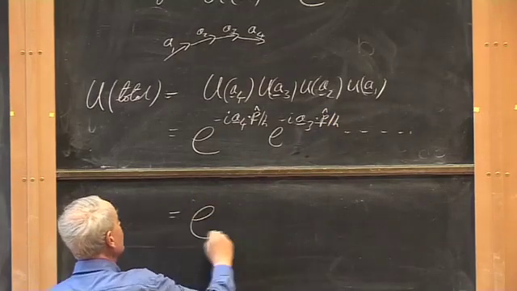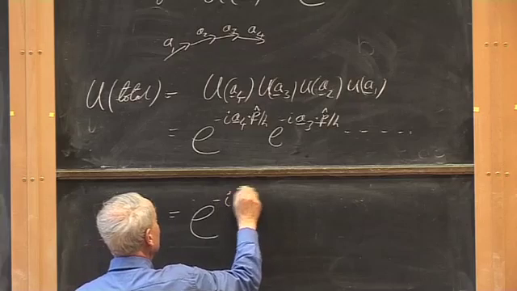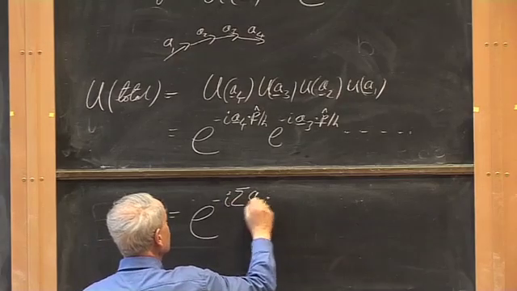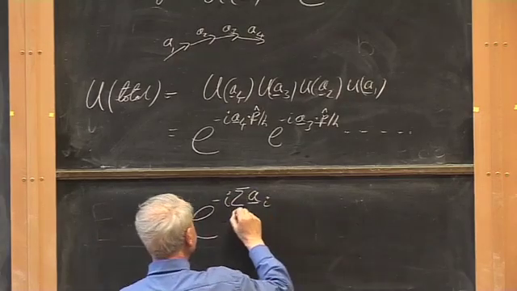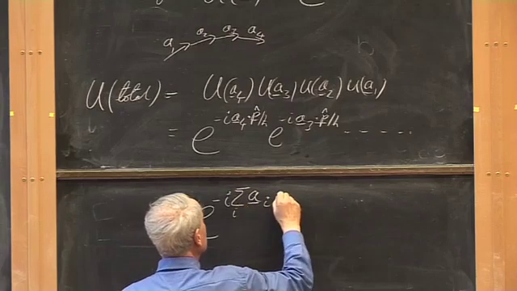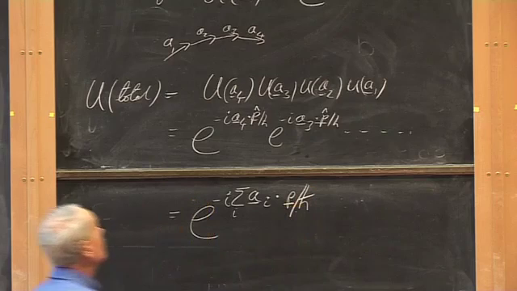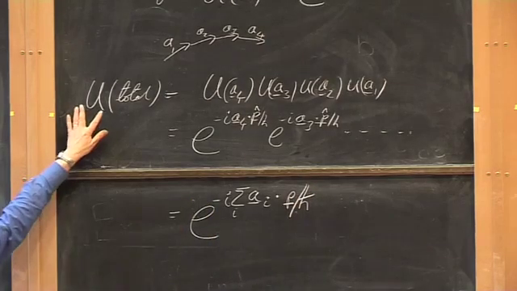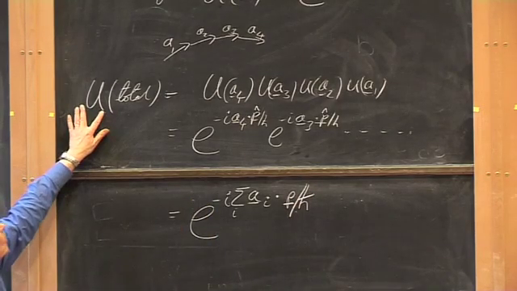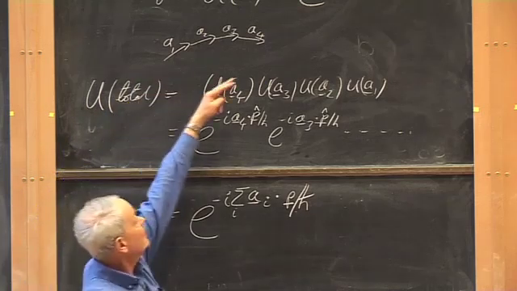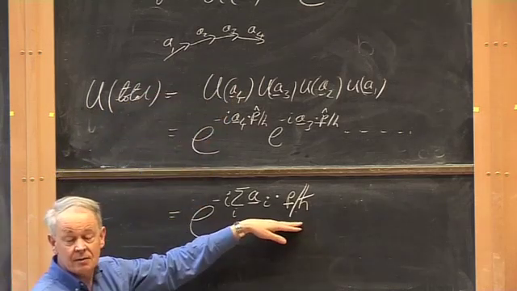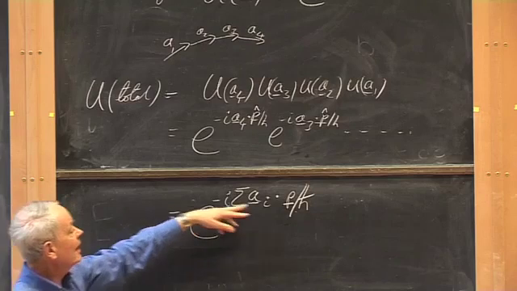So this can be written as e to the minus i, the sum of these vectors, summed over i, dotted into P over h bar. So the operator that generates the state that you get as a result of all of these displacements is given by this. Just a single exponential.